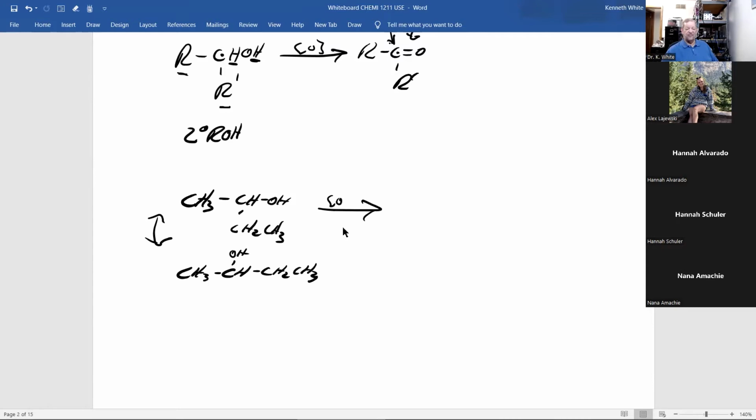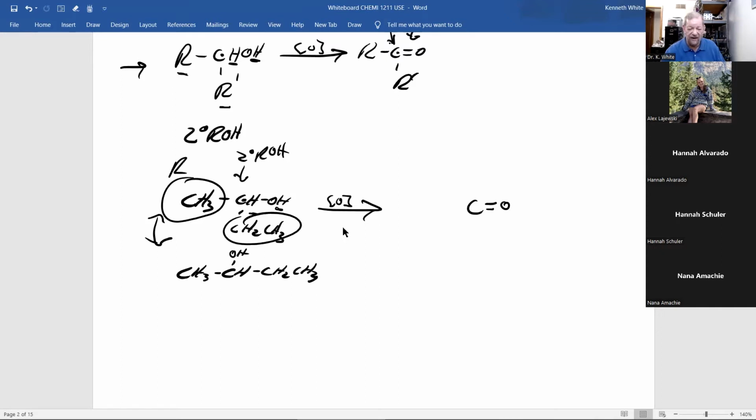If I oxidize this, what do we have? This is my secondary alcohol. I'll lose this hydrogen and this hydrogen, form a carbon-oxygen double bond. Now, what was attached to this carbon? R and R prime will still be attached.